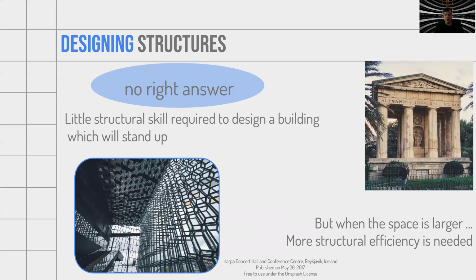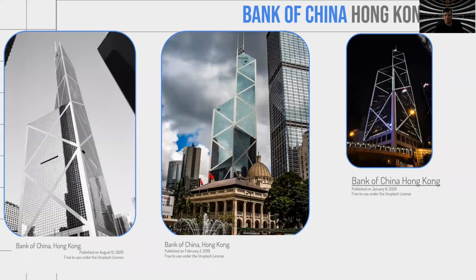For example, a beautiful temple can be very well made, very well designed, full of details, but it is not necessarily a structure that requires strong structural skills and calculations, like a pyramid, for example. However, when the space is large, we need more structural efficiency. And then it's very important to think about that.